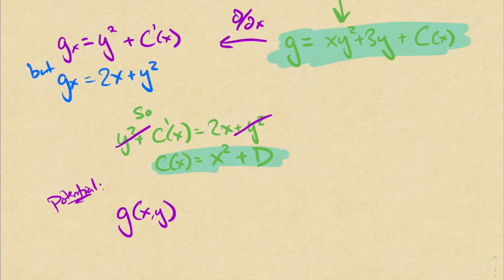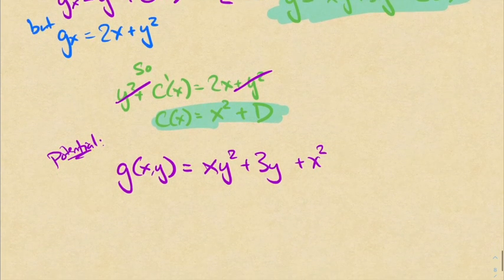Remember, it's called a potential function, the function whose gradient is our vector field. This is xy squared plus 3y plus x squared plus some constant d. Just like we do with definite integrals in Calc 2, if we're actually plugging it in to subtract at the endpoints, we can put in any constant we'd like. So maybe let's just leave that to be 0.